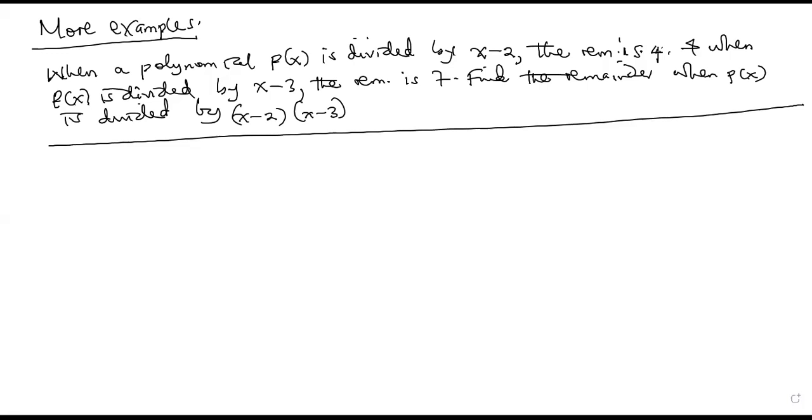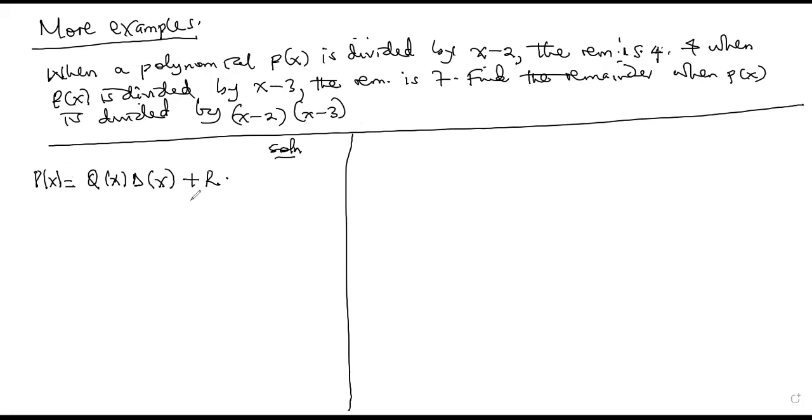Okay, so here we are. The moment you're given such a question, you first count 3 marks and then you go ahead to do it. Solution. You should know that generally P of X is equal to quotient of X times the divisor of X plus the remainder.